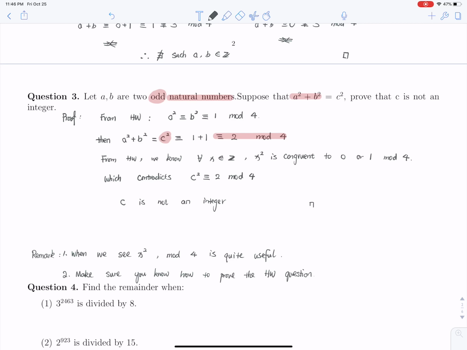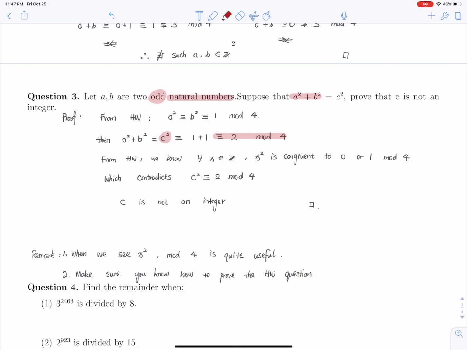Okay, this might seem a little bit confusing, so I'll explain this again. From the homework, we know that since a and b are odd, a squared and b squared have to be congruent to 1 in mod 4. So if you add them together, you'll get 2 in mod 4.